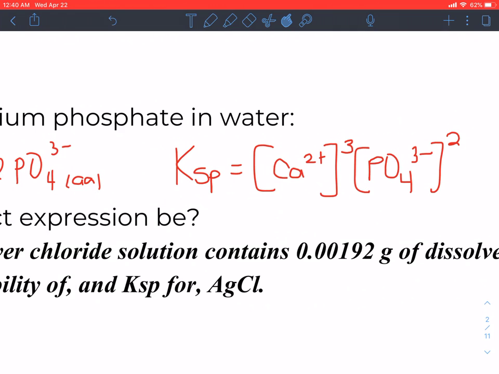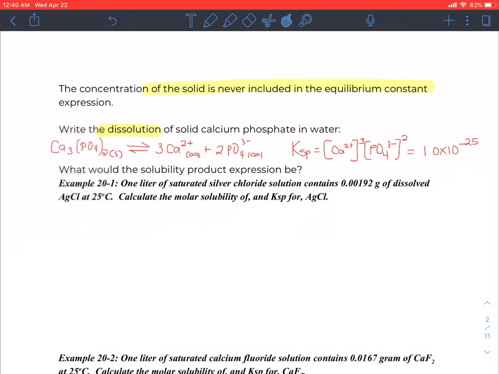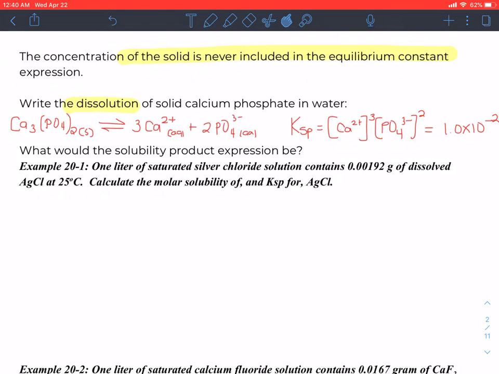Now in the back of your book, in the appendix, you can find the KSP value for this, and it would be 1.0 times 10 to the negative 25. It's in one of the appendixes. Okay, now I'm going to stop the video here, and we'll start our next video with the next example.